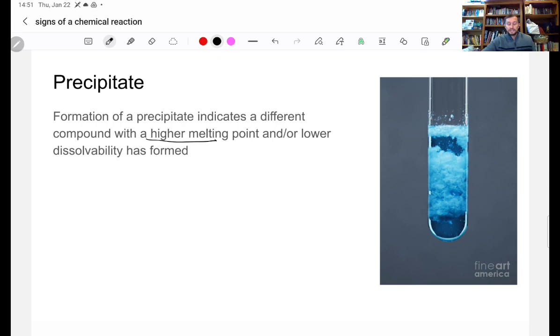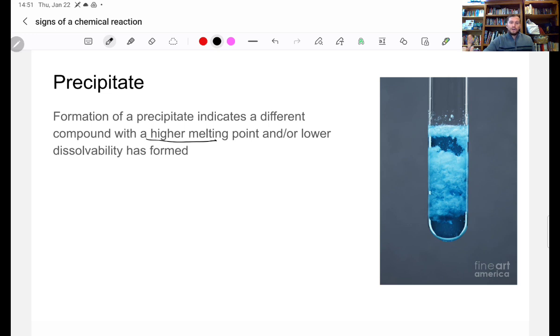Again, because different chemicals dissolve to different degrees in water and are solids at different temperatures, if the temperature and pressure haven't changed and there was no solid before, and now there's a solid, that indicates you formed a chemical that doesn't dissolve as well in water.